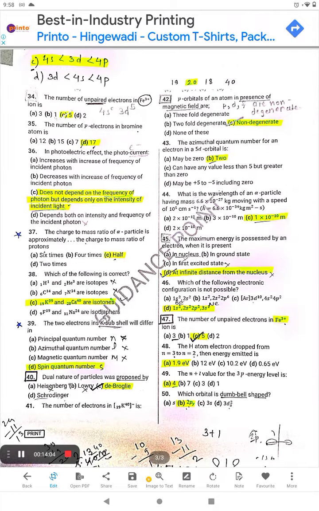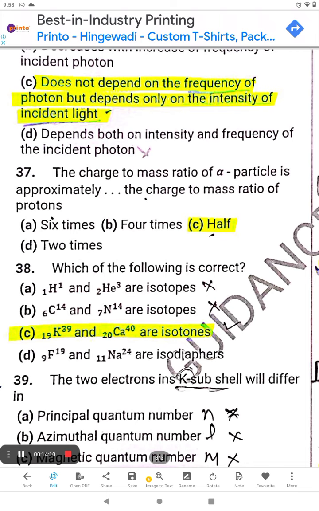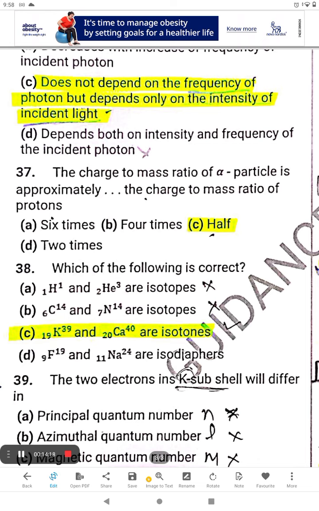So the charge to mass ratio of the alpha particle is approximately half that of the proton.